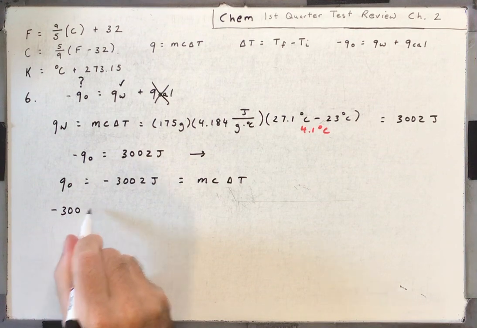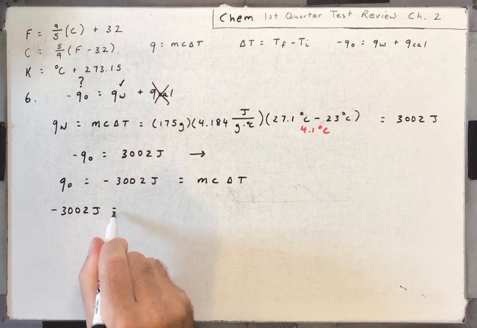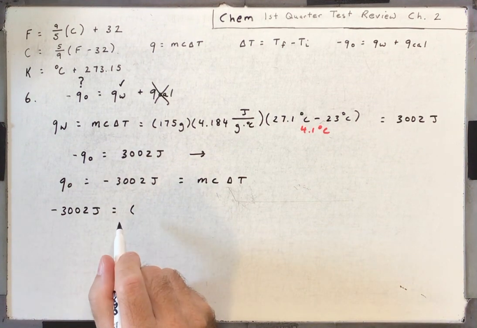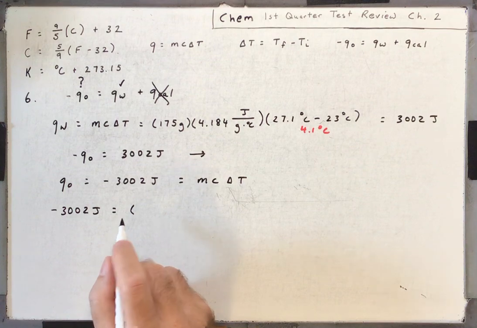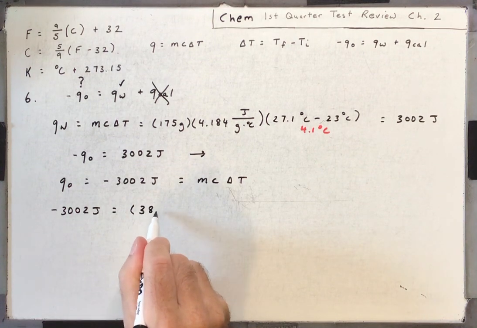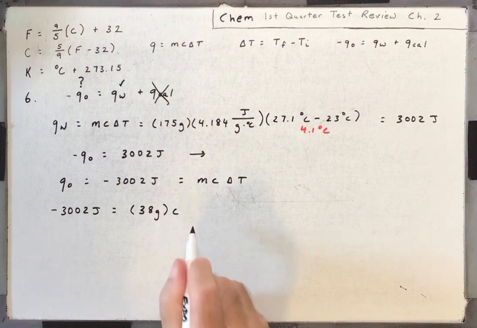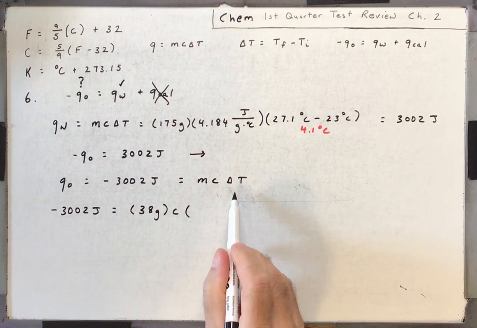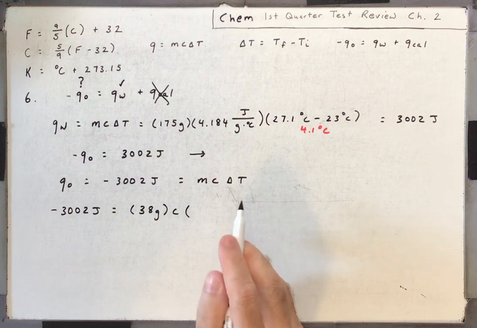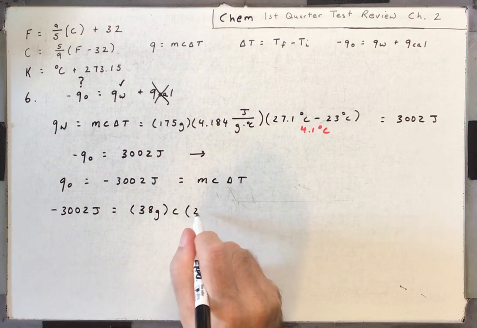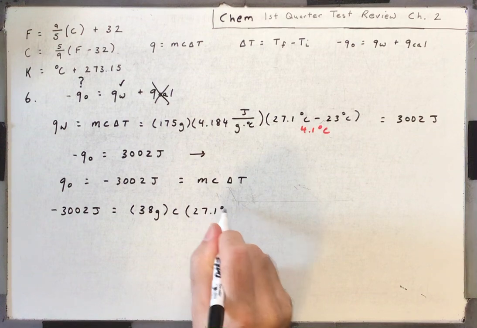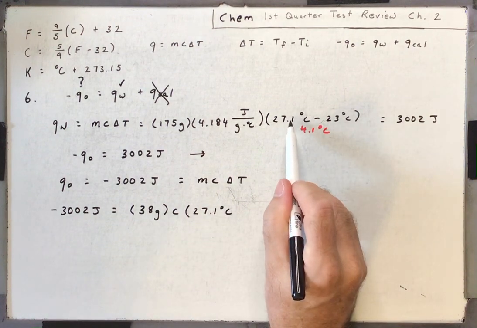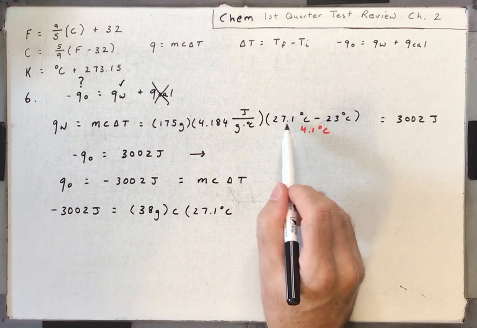So I have minus 3,002 joules is equal to the mass of the object, which is 38 grams, so it's a 38 gram bolt, times the specific heat, that's what we don't know. And then delta T is T final minus T initial. Well, T final for everything is the same, 27.1 degrees Celsius. The water, the calorimeter, the bolt, all ended up there.